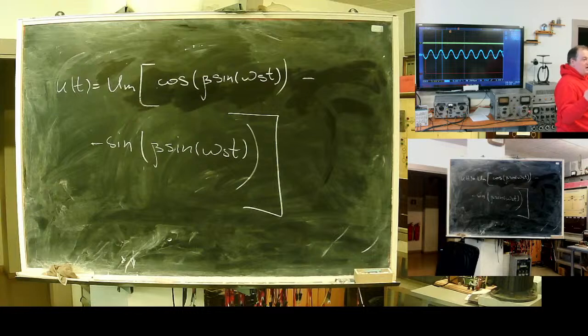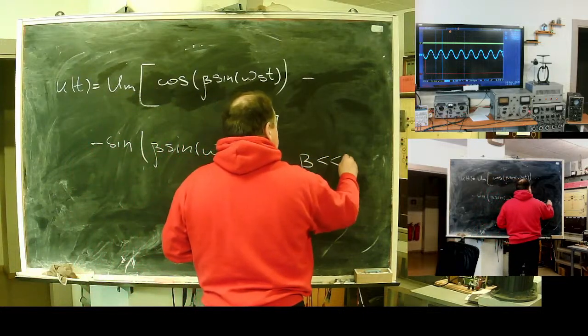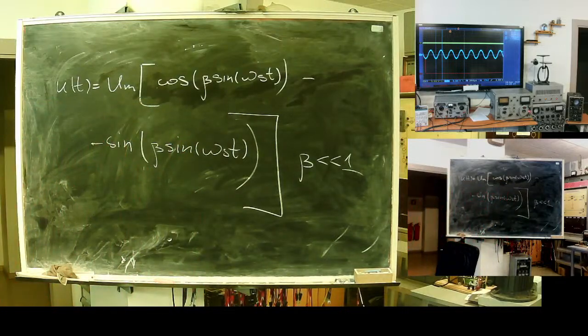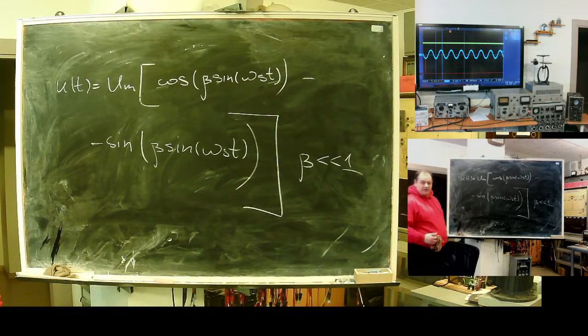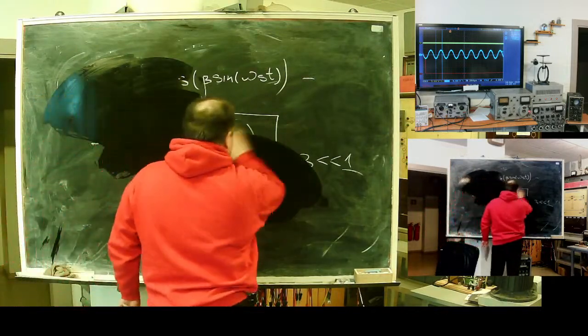To make it clear, I can assume very small betas, very small modulation index. In case of very small modulation index, it's ineffective. Such use of communication channel is not effective, but as a teaching example, it will work.